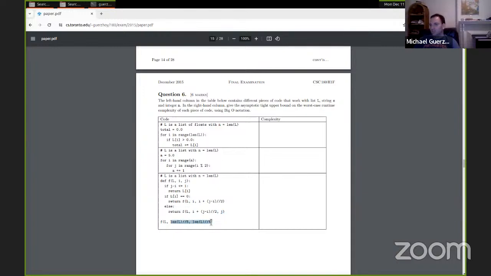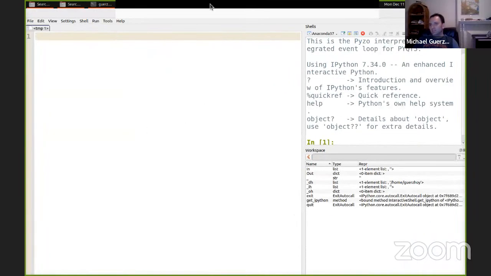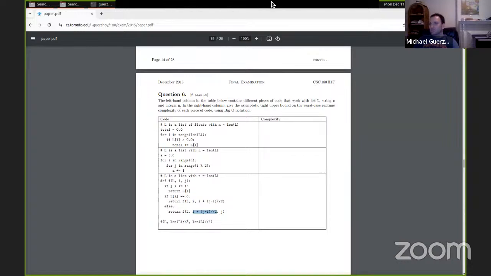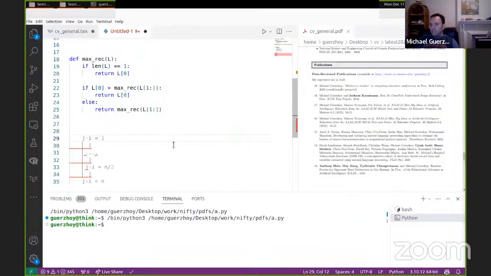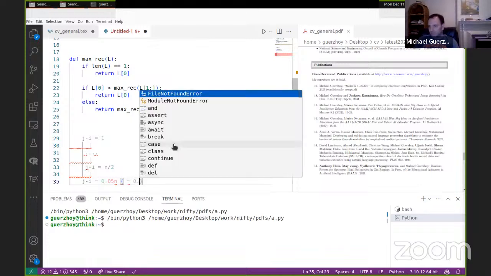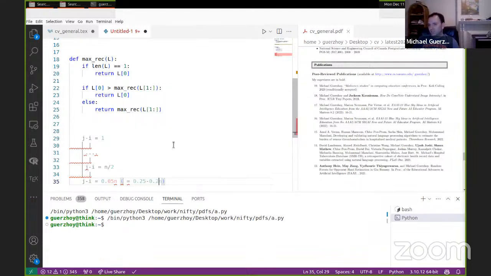Because you start with some I, some J, and then it's either I and halfway or halfway up to J. And then you start with IJ, not exactly N, but 0.05 N, because that's 0.25 minus 0.2 times N, right?